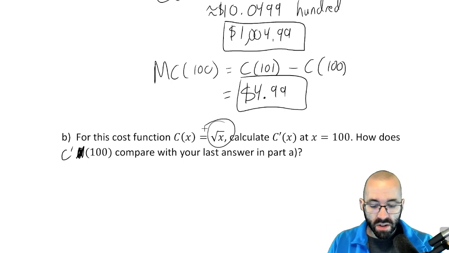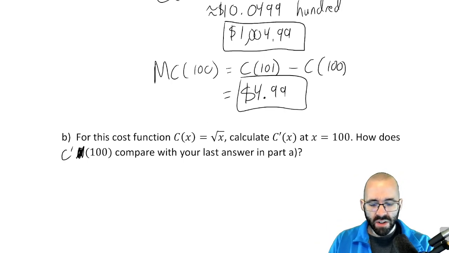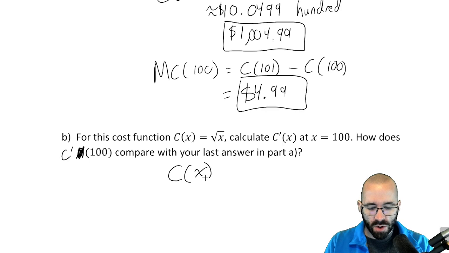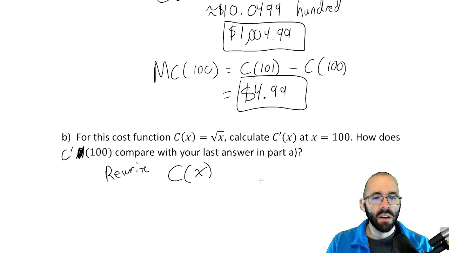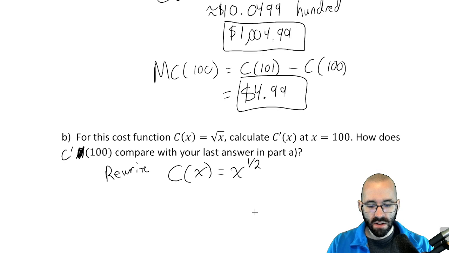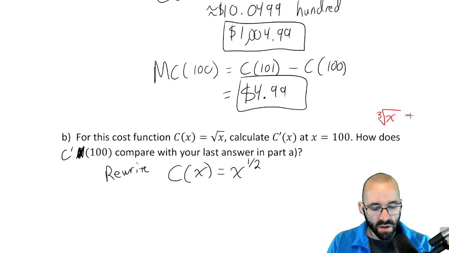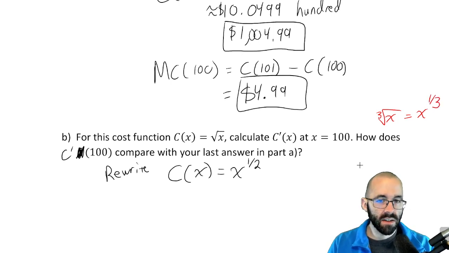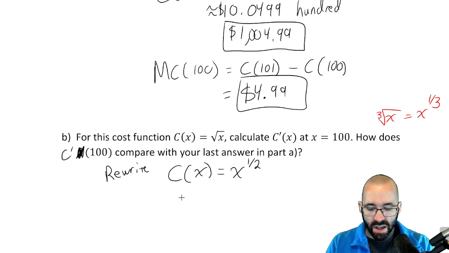Just like before, if we take the derivative of a square root function, it's usually easiest to rewrite it first. A square root function means an exponent of 1/2. And if you remember from algebra, a cube root would be an exponent of 1/3, etc. And now we can take the derivative.